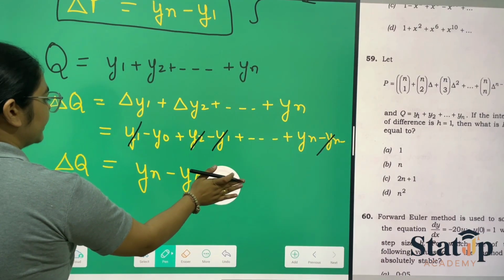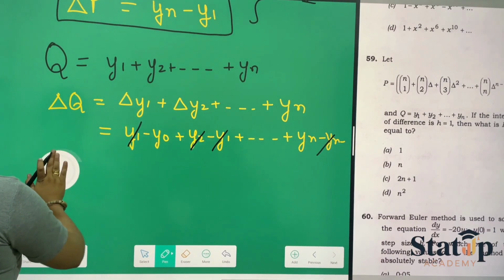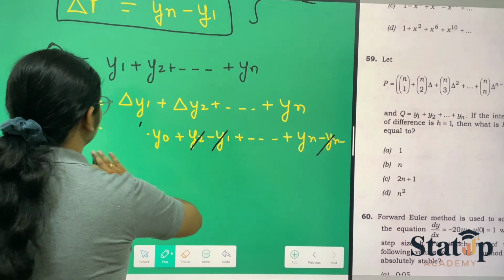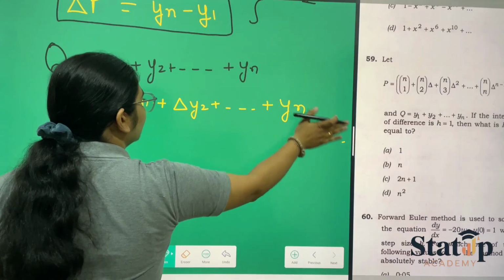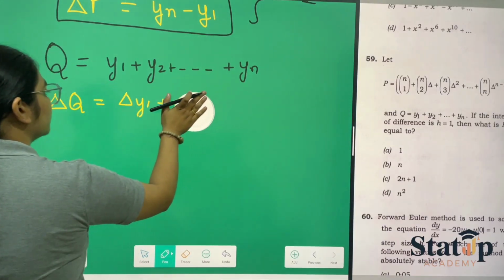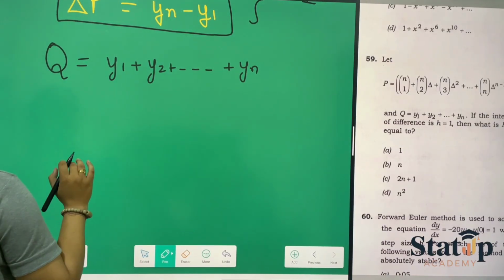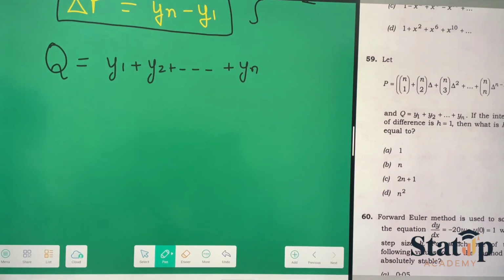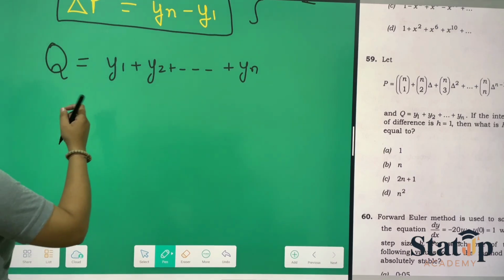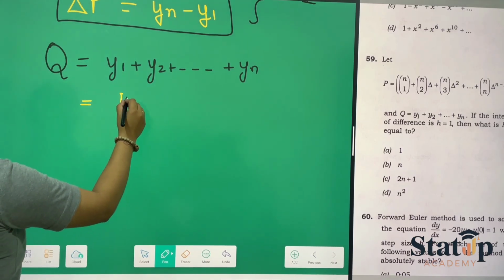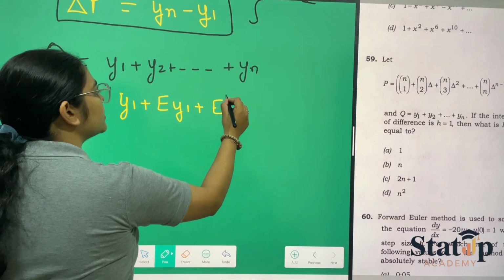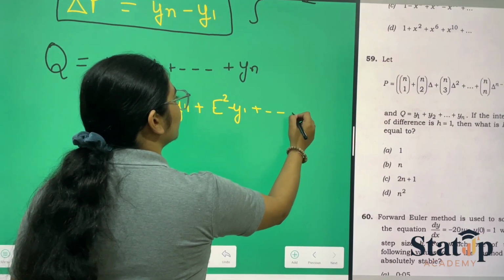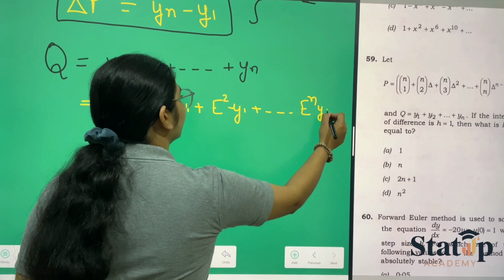And we also can write it as, in place of doing this, it will make our method longer. We can write this as y1 plus e y1 plus e square y1 and so on e raised to the power n y1.